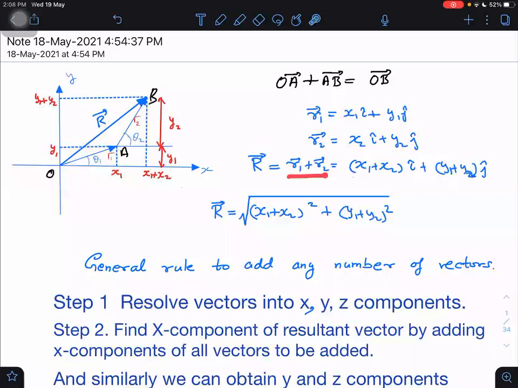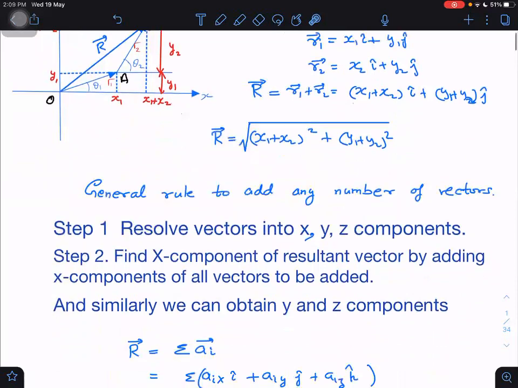If I have to add r1 with r2, all I need to do is take the i cap components separately and the j cap components separately. Then the resultant will be nothing but the x component squared plus the y component squared, and the whole under the root. So we can take it easily: root of the sum of the squares of the components, right?